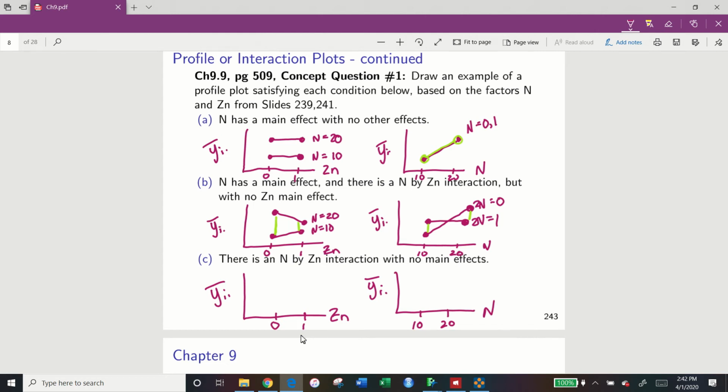Now, our lines in the middle are going to be just about identical for both charts because there is no main effect, just an interaction effect. Meaning individually, the zinc and nitrogen didn't have an effect on the weight of strawberries, but together we can see a change.